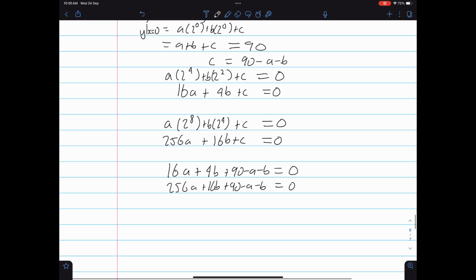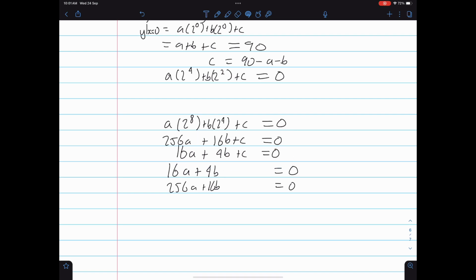Although I don't actually know, that does very easily eliminate. So if I were to subtract these away from each other, those c's would eliminate. So you get 240a plus 12b equals 0.